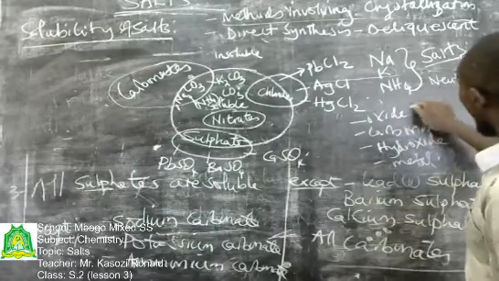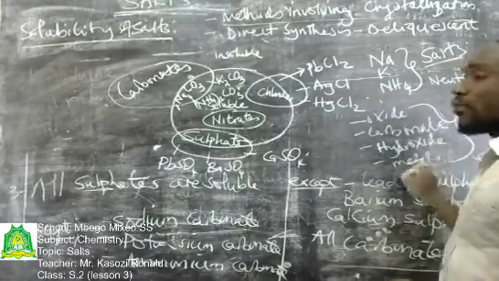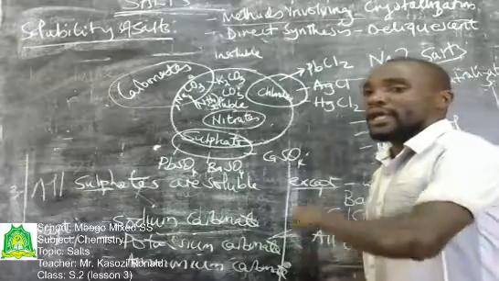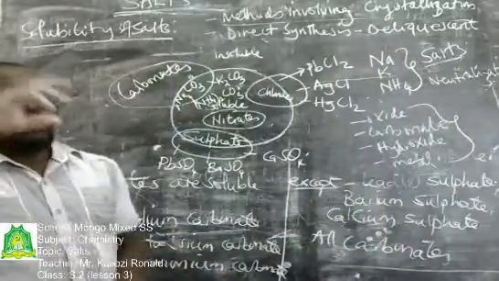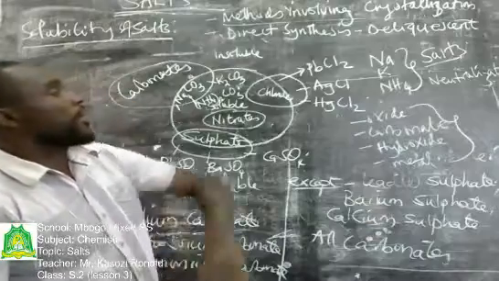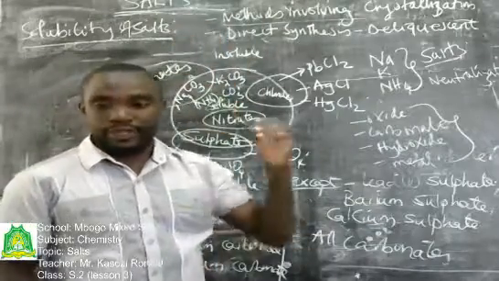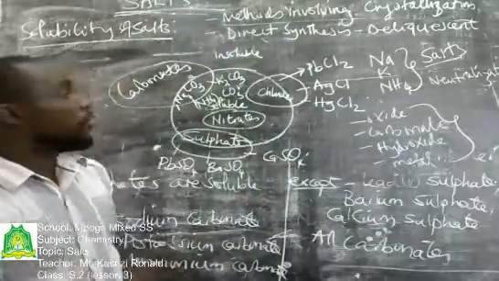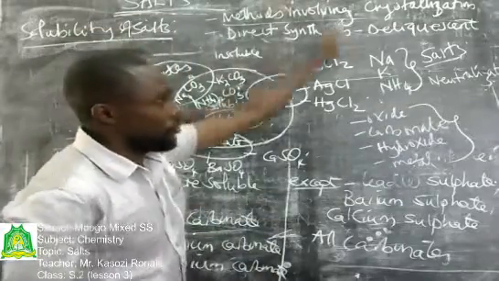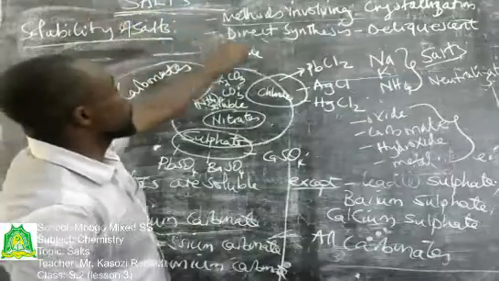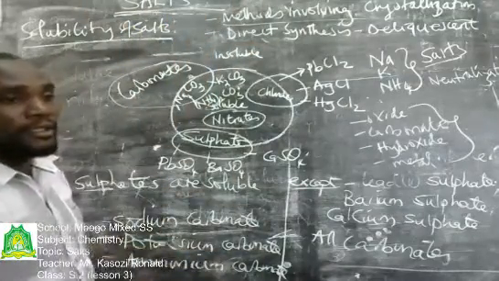If all these are insoluble in water, we opt to use an acid. We react them with an acid, we obtain the solution, and then we carry out the crystallization method. So soluble salts are prepared by the methods involving crystallization. Two, we have what we call direct synthesis.